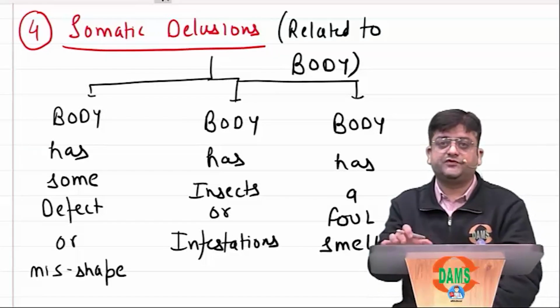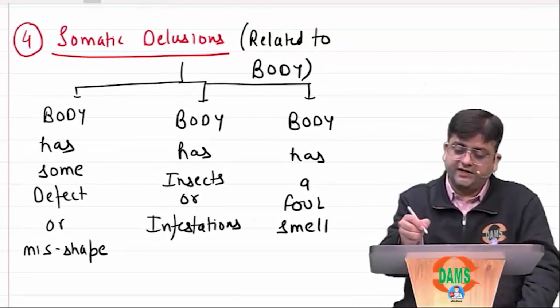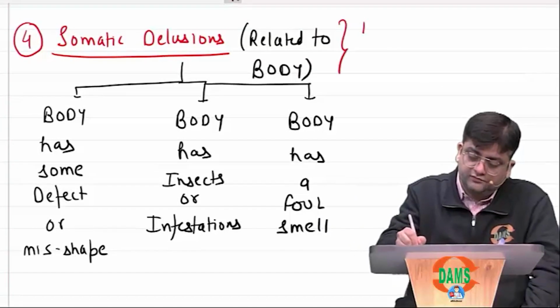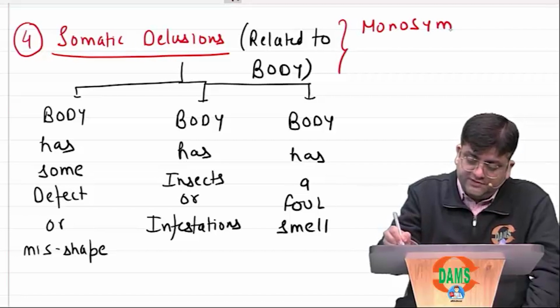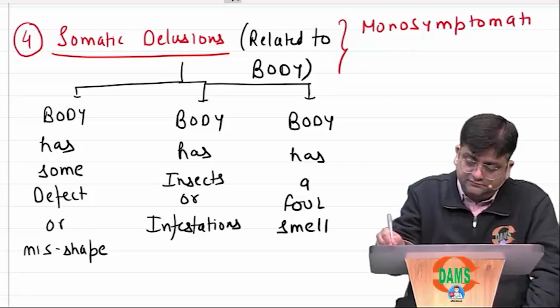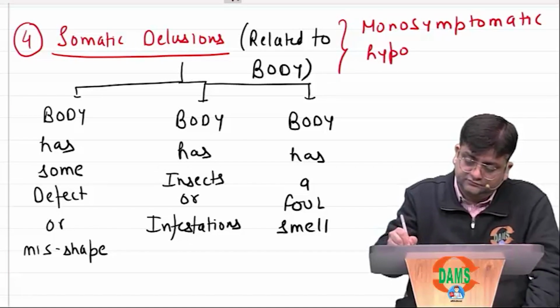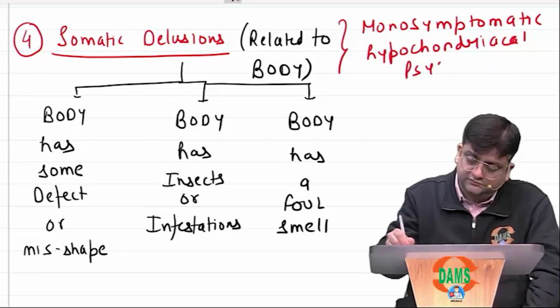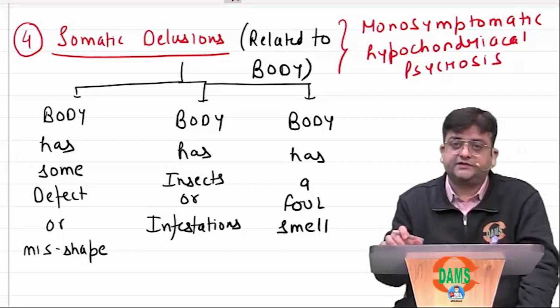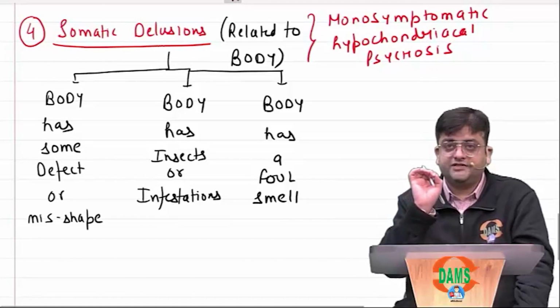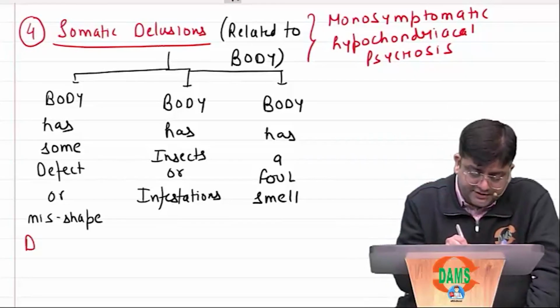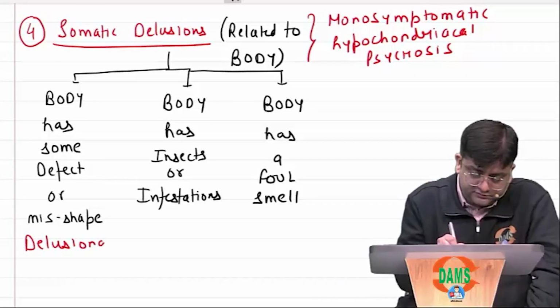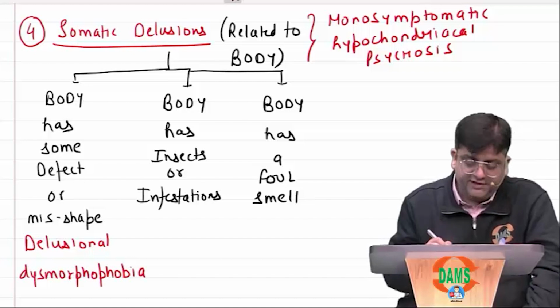There are three types of somatic delusions. Somatic delusions are also called monosymptomatic hypochondriacal psychosis, because they are having a single symptom. This is called delusional dysmorphophobia.